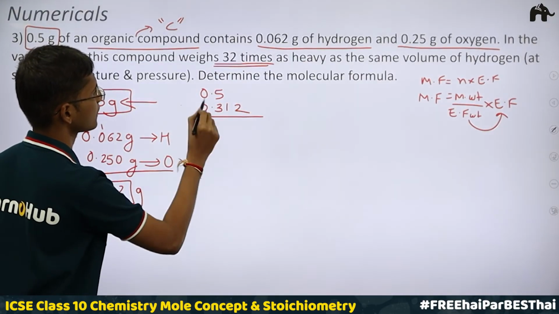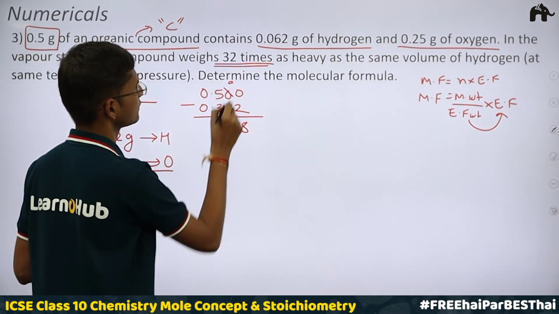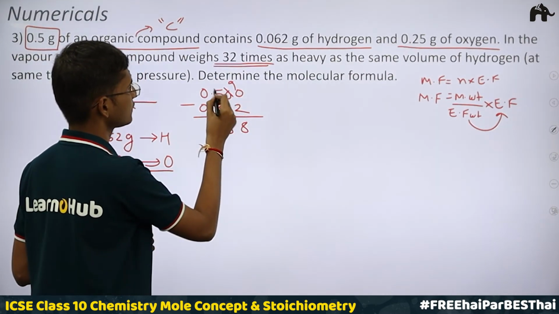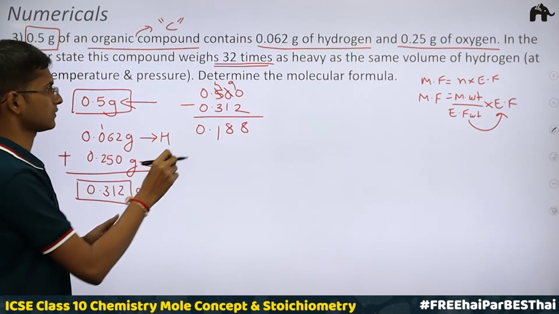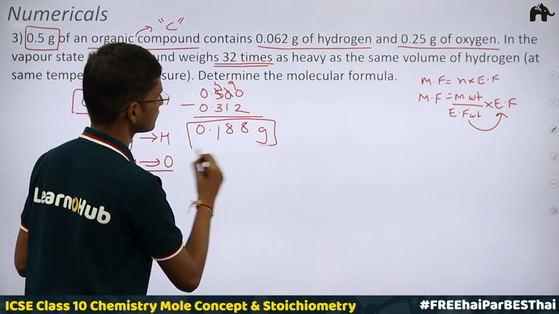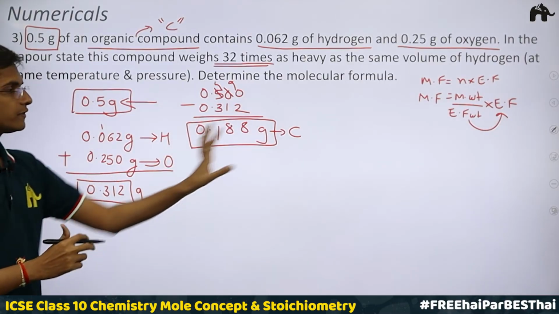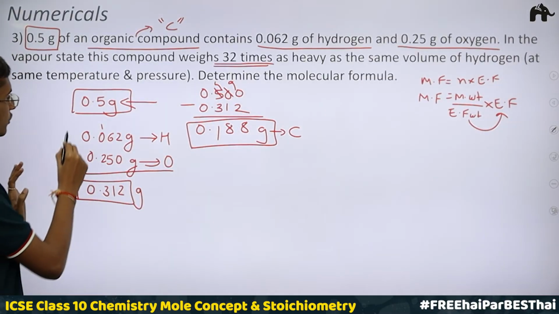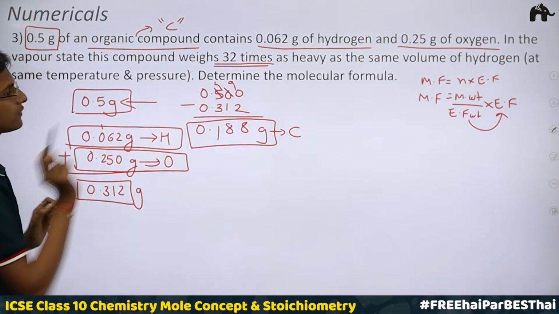So it would be 8, and then 1. So 0.188 grams of carbon is there. Understood how we found out the weight of carbon? So this is the weight of hydrogen, this is the weight of oxygen, this is the weight of carbon.